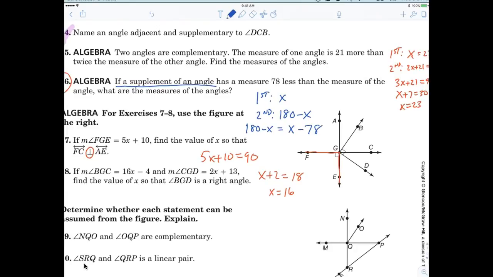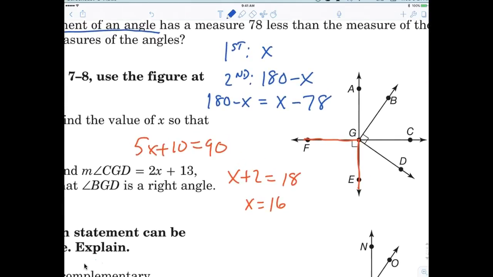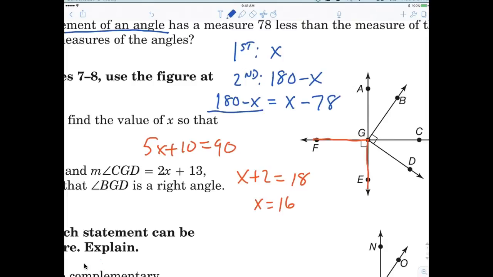That's kind of tricky, guys. So the relationship between the two is x and 180 minus x, and then you're simply comparing. It says the supplement of the angle is 78 less than the angle itself. So you should be able to do that.